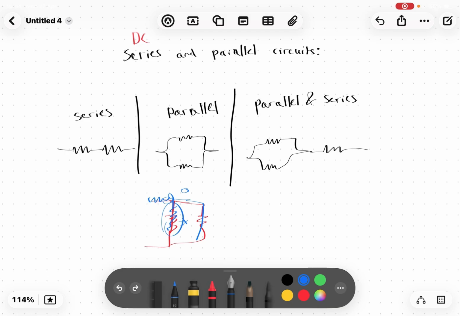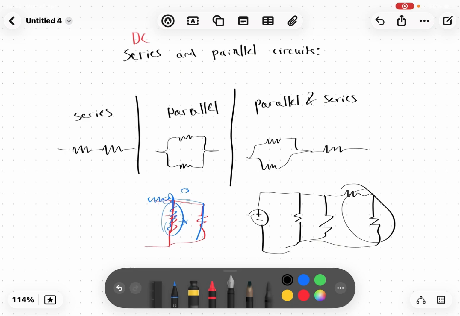For example, let's say there is a battery, and basically here's a resistor, and then a resistor. These two are in series because they're on the same line, so the loop is not broken.